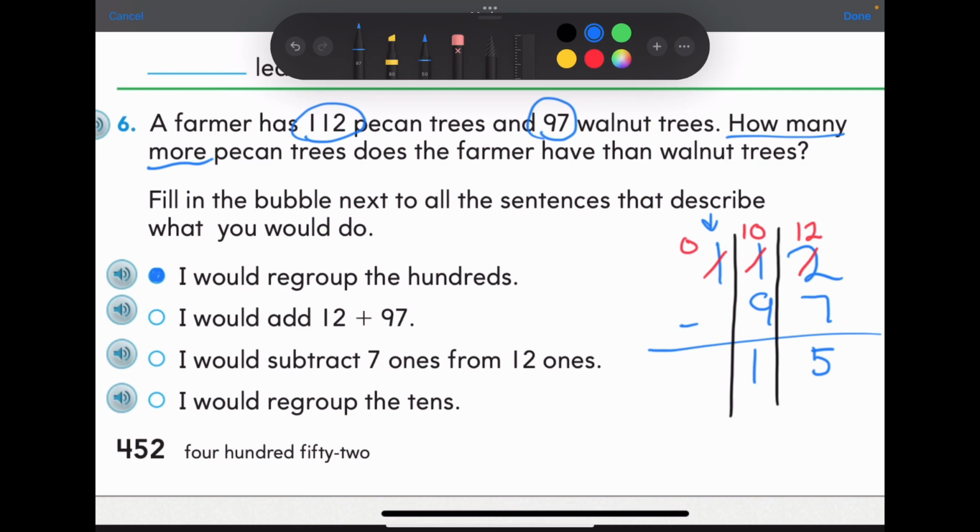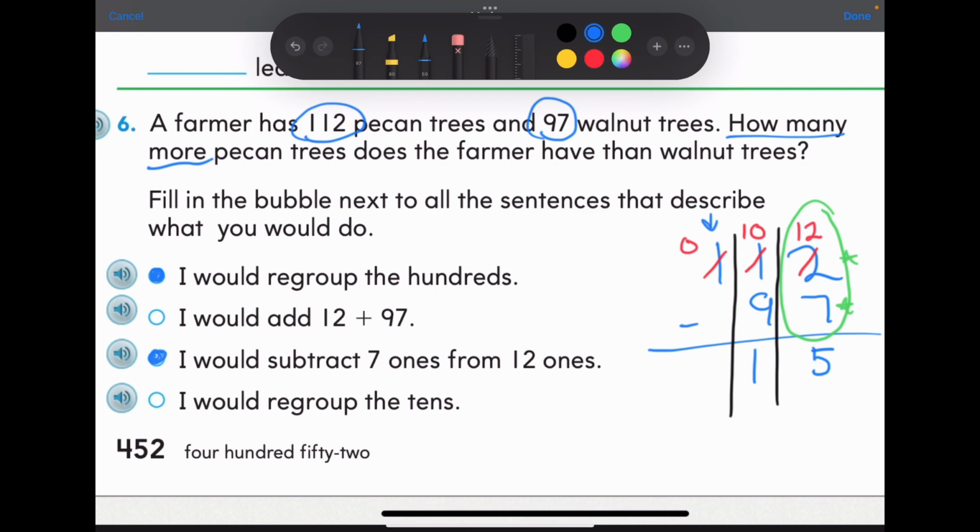Well, I did not do that, so I'm going to leave that one blank. I would subtract 7 ones from 12 ones. So if we look right here, we subtracted 7 ones from 12 ones after we regrouped. So that's true.